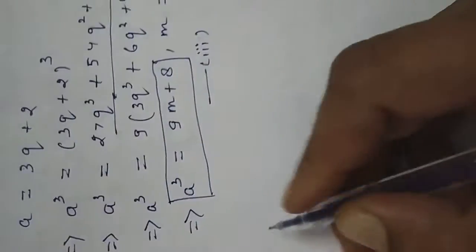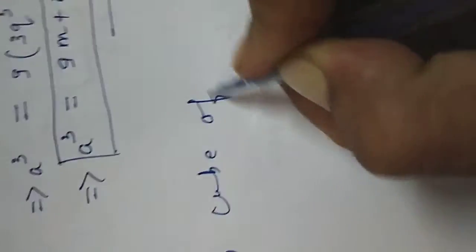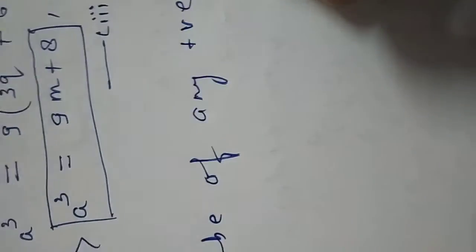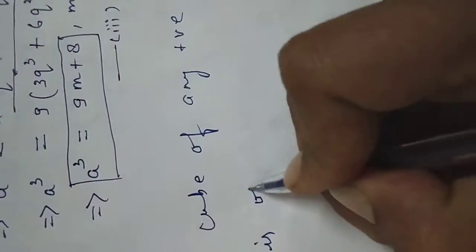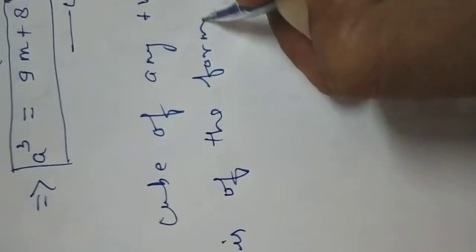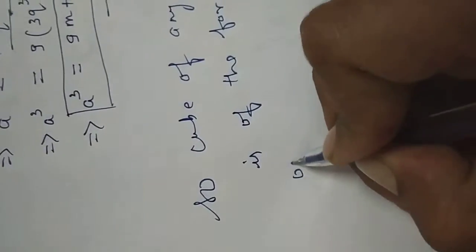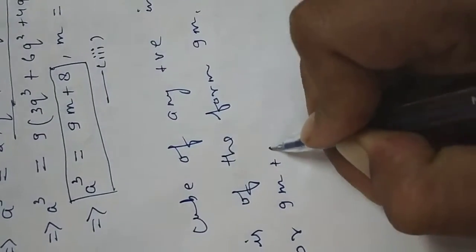So the cube of any positive integer is of the form 9m, 9m plus 1 or 9m plus 8.